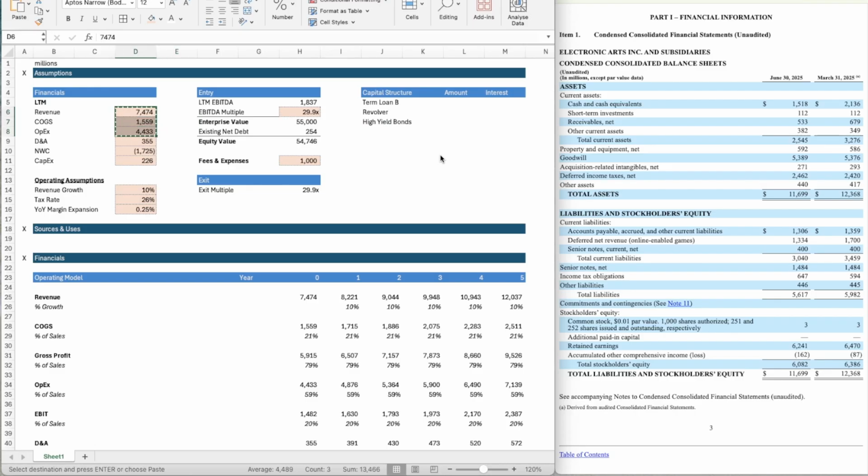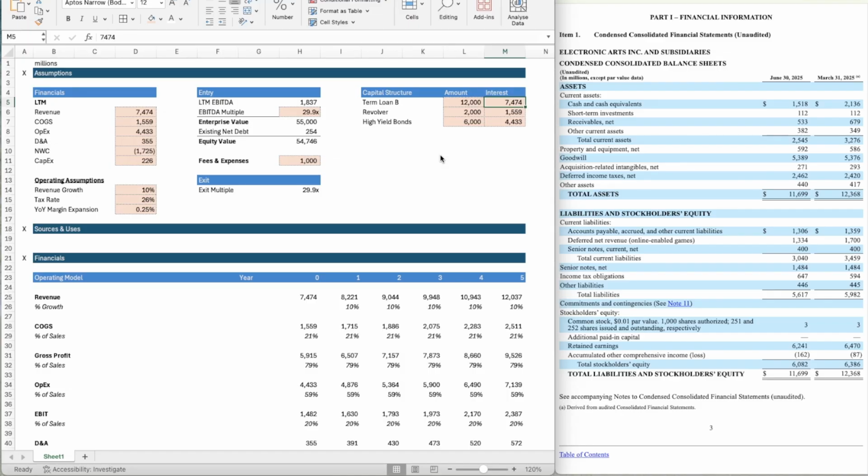Then just copy these down. And we know this one's going to be 12 billion. The revolvers are a 2 billion credit facility, and the high yield bonds are 6 billion.